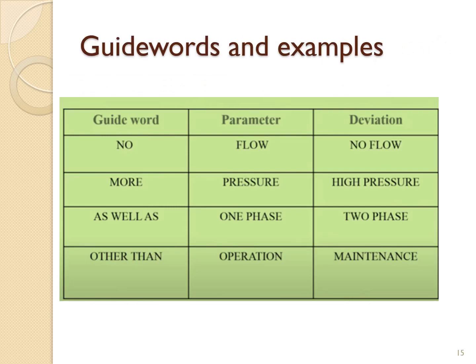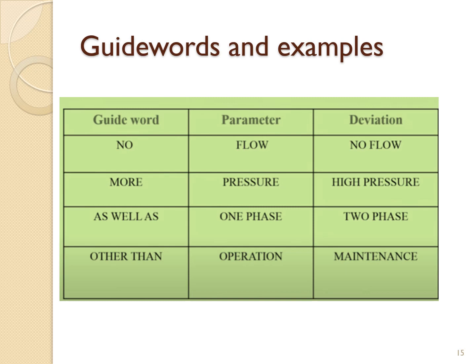So, as in the table, the guide word is no, the parameter is flow. If you combine both, it gives us the deviation, no flow. More and pressure gives high pressure or more pressure, as well as one phase. That means the parameter is one phase, but there is a two phase.